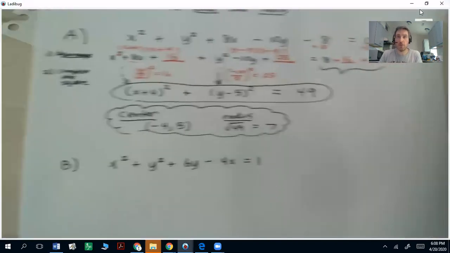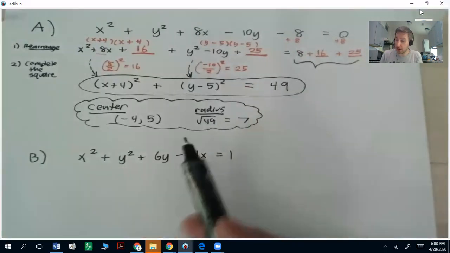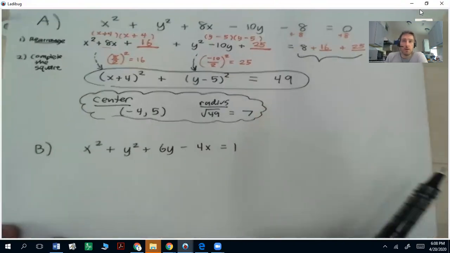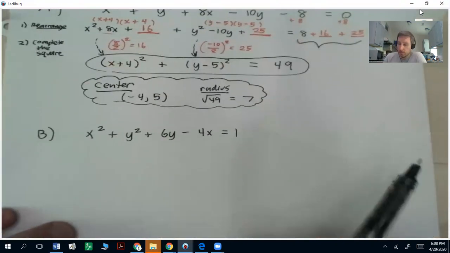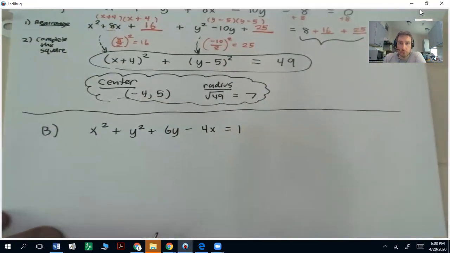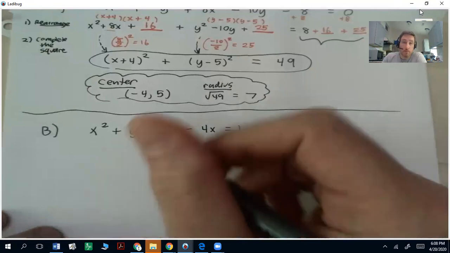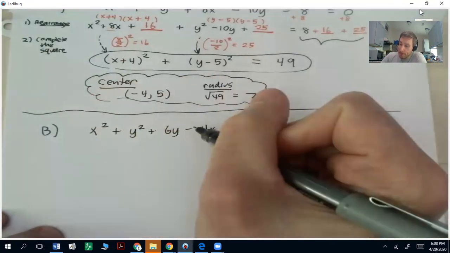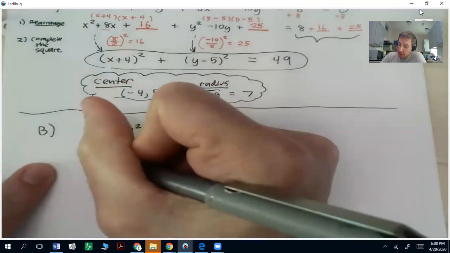All right, look over that, repeat it if you need to, and try this one on your own. All right, I'm going to get started on it. So we have x squared, and I want to put the minus 4x after the x squared.